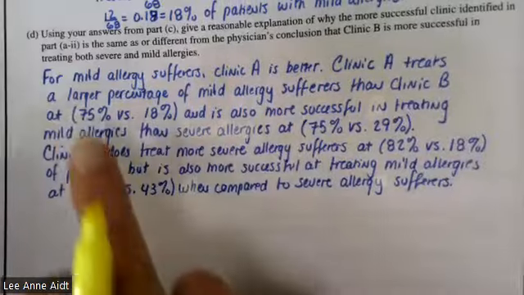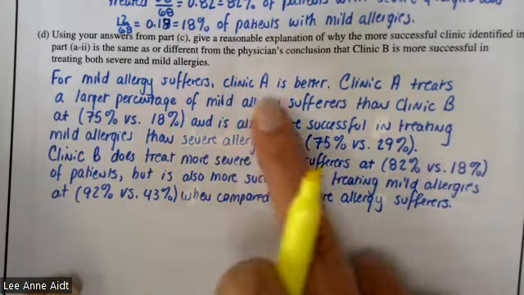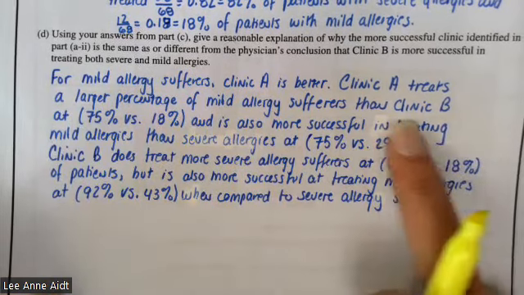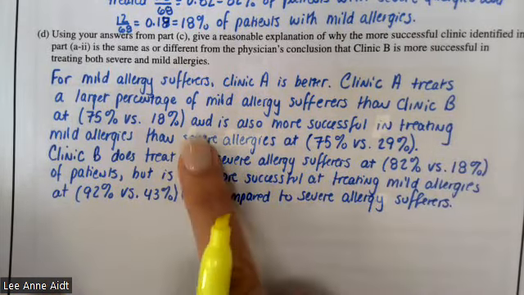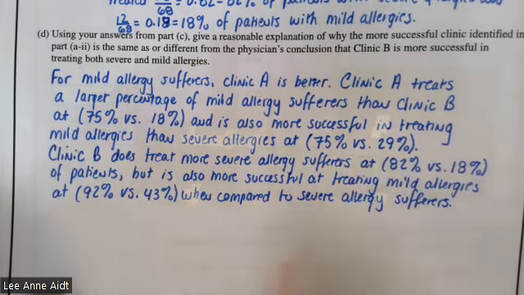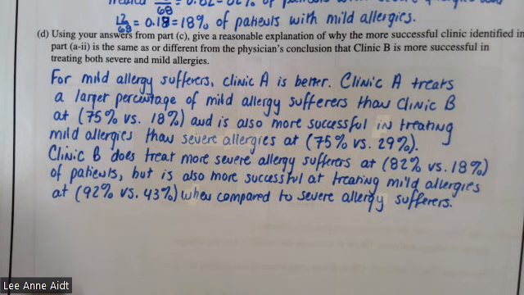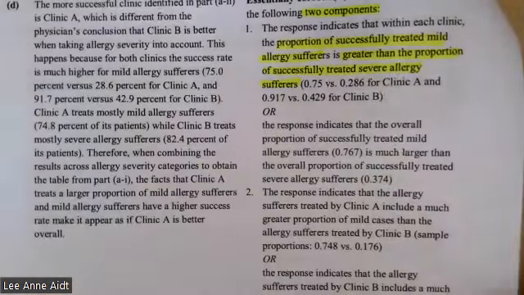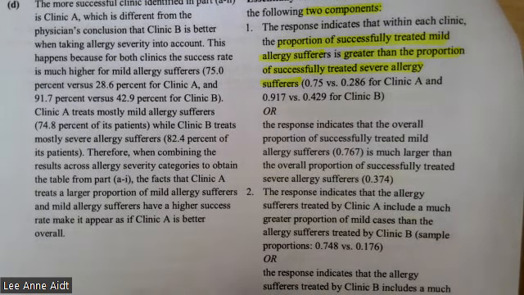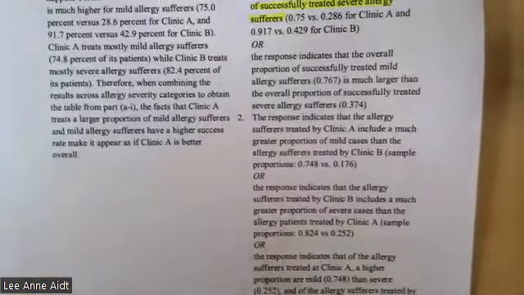I said for mild allergy sufferers, Clinic A is better. Clinic A treats a larger percentage of mild allergy sufferers than Clinic B, and it is also more successful in treating mild allergies. Gosh, this is hard to grade.